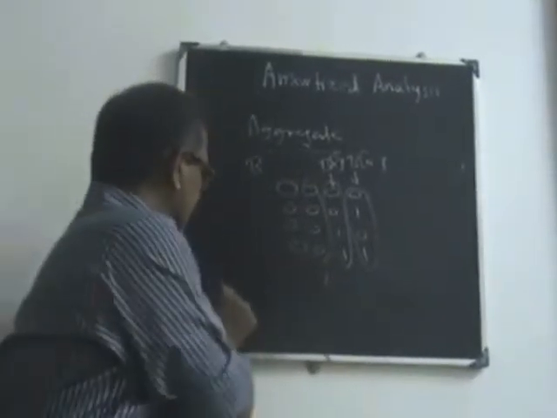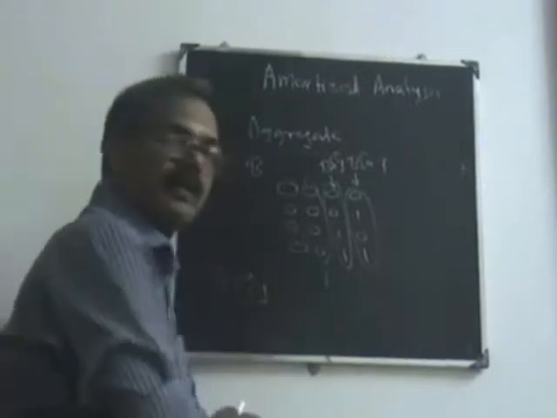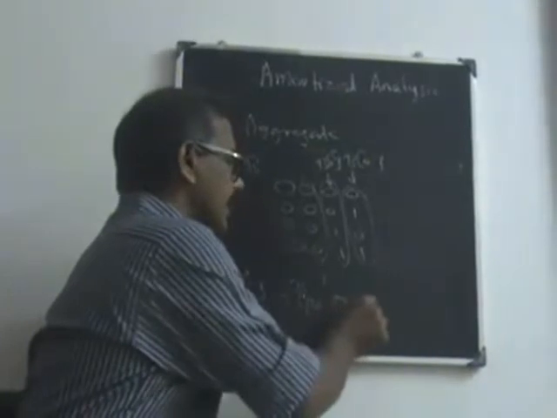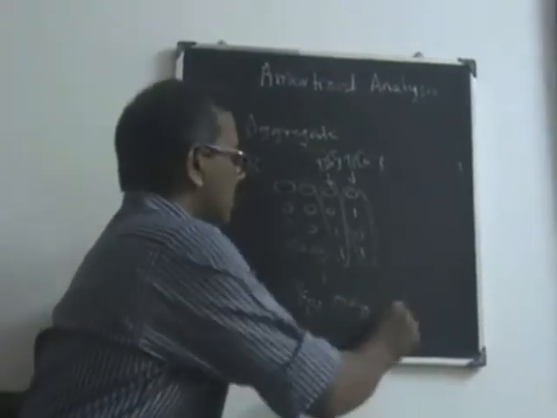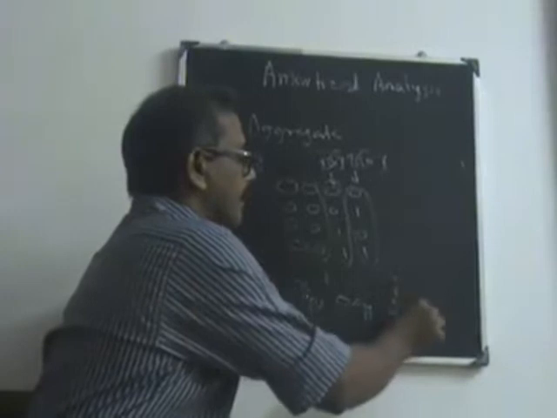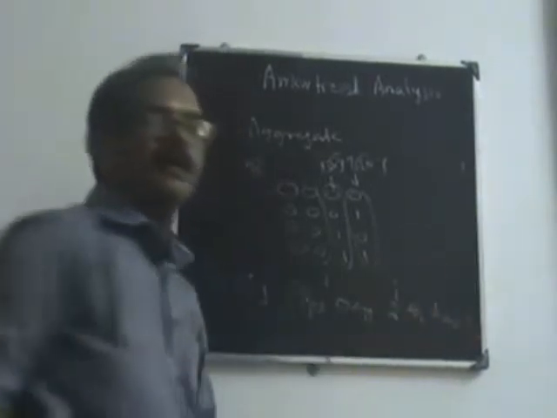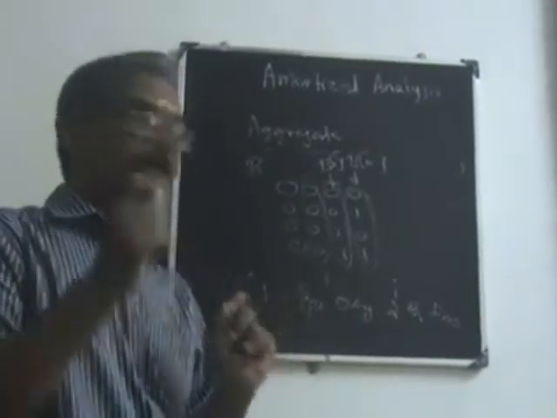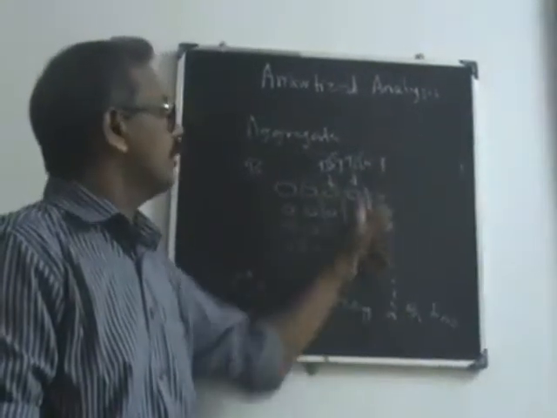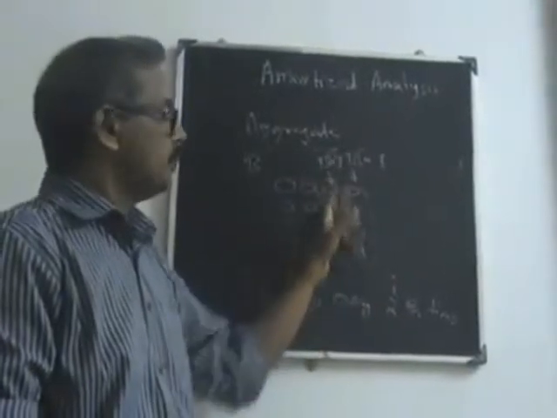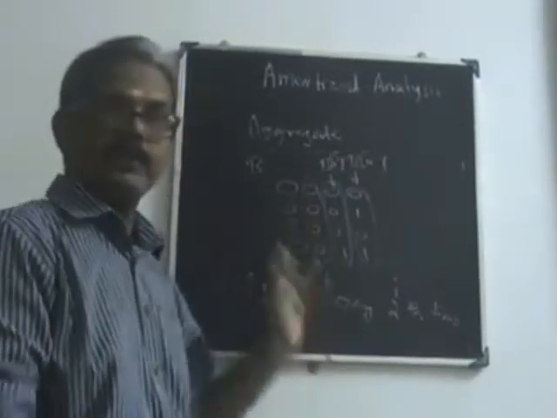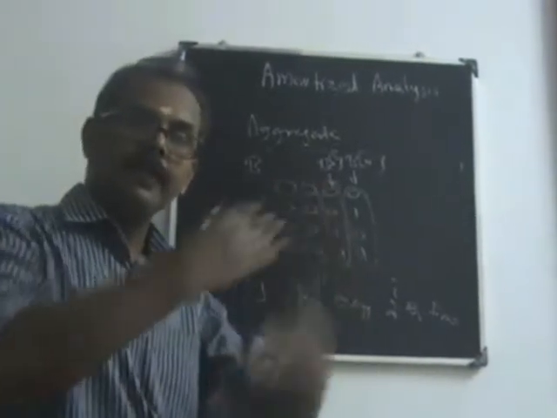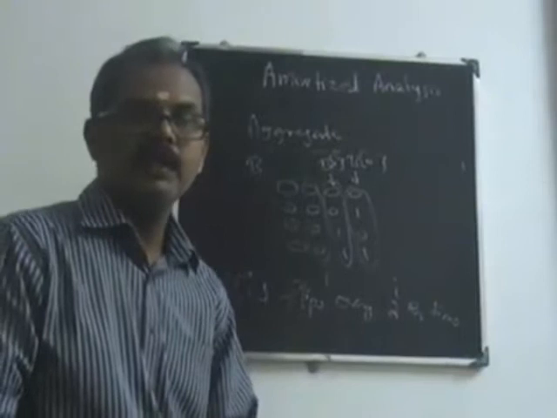So in general, bit Bi flips every 2 power i-th time. This is 2 power 0, this is 2 power 1, 2 power 2, 2 power 3 and so on. But the number of increments we do is n.